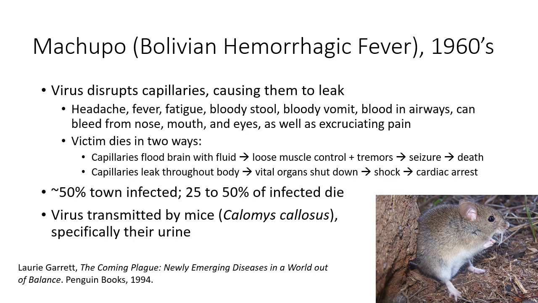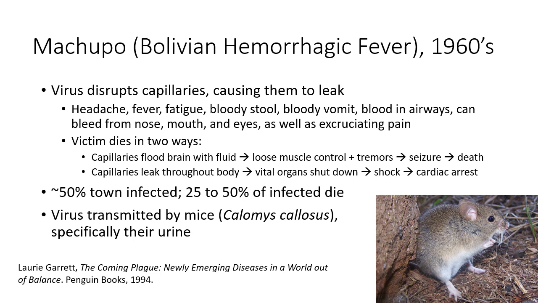This leads to headache, fever, fatigue, bloody stool, bloody vomit, blood in your airways, so you're coughing up blood, and people start to bleed from the nose, the mouth, the eyes, and you have excruciating pain all over the body. And about 50% of the town of San Joaquin was affected, and between 25 and 50% of the infected dies, so upward estimates of 25% of the town dying from this.